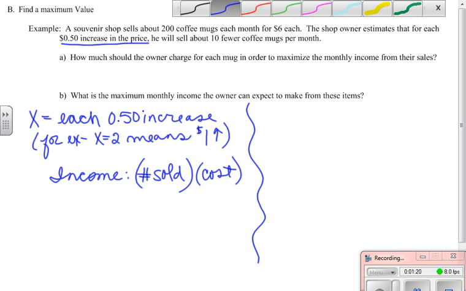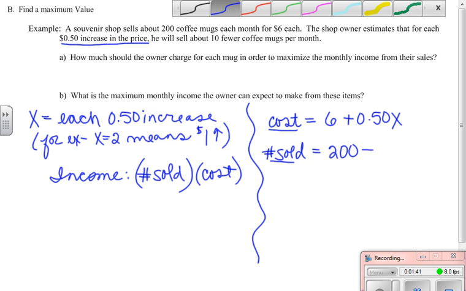Our price per mug, our cost, is equal to 6 plus the 50 cents each time we raise the price. And our number sold, our sales, is equal to 200 minus 10 times each time we raise the price.